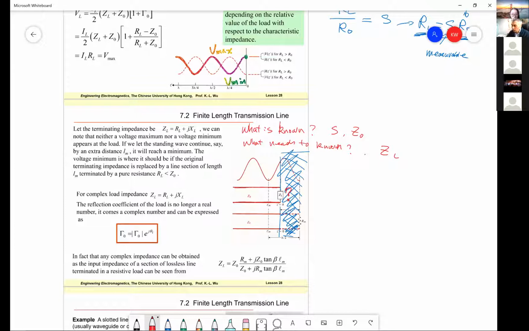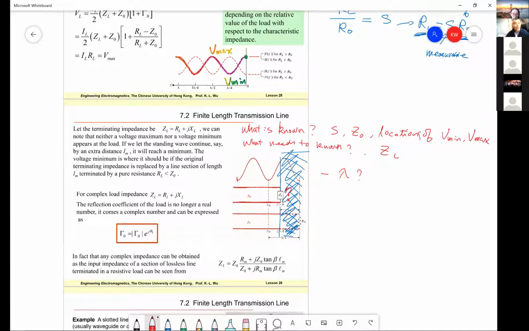First, we need to find the wavelength. If we can find the wavelength, that means I also know the locations of the V minimum and the V maximum.